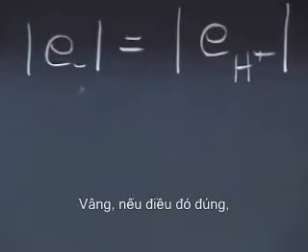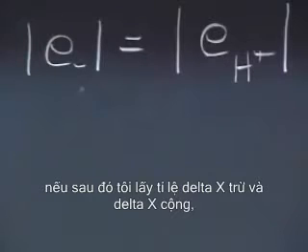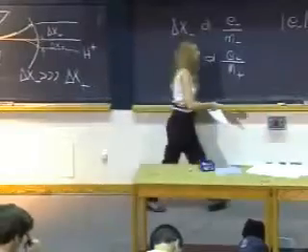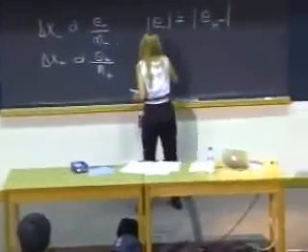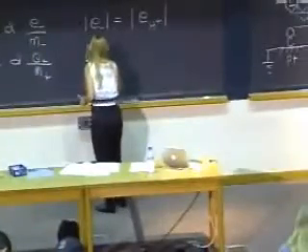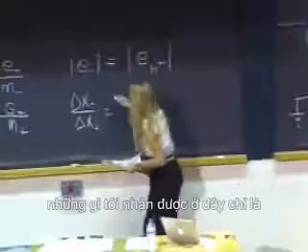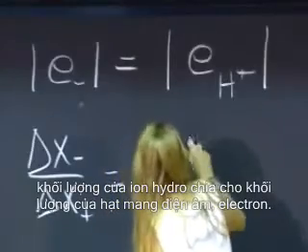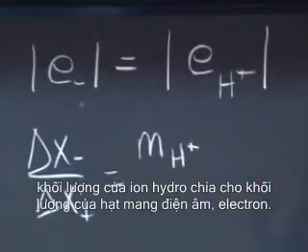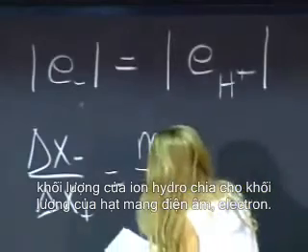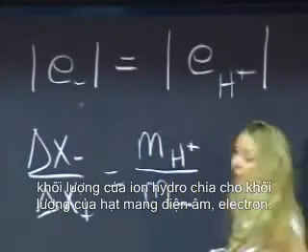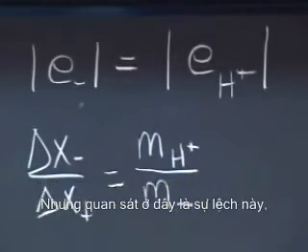Well, if that's the case, if I then take a ratio of delta x minus to delta x plus, what I'm going to get is just that it will be equal to the mass of the hydrogen ion divided by the mass of this negatively charged particle, the electron.